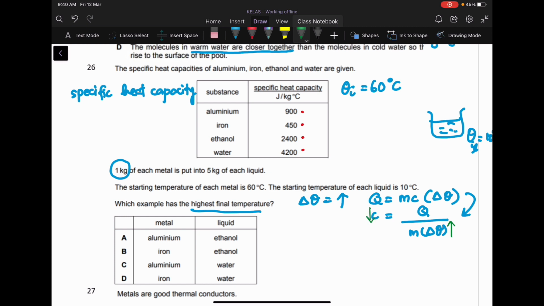This is the concept that you need to understand. If you don't know this concept, you may not be able to answer. You will be guessing the answers only. So we just look at this. Iron has less specific heat capacity. Alright, so we have iron or aluminium or iron.